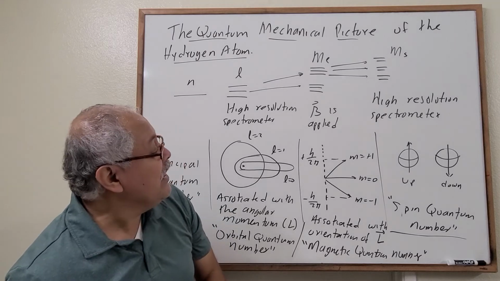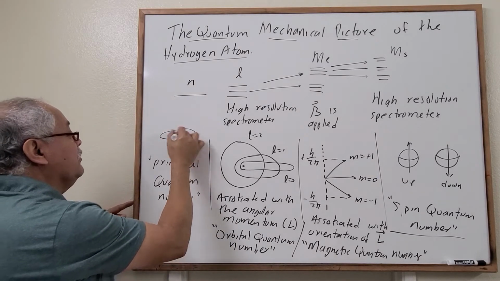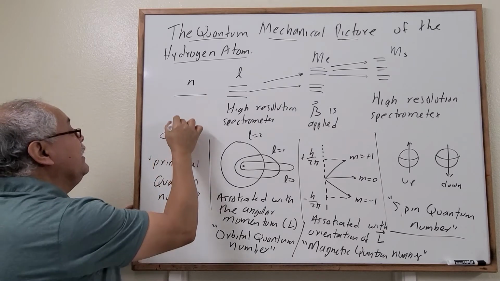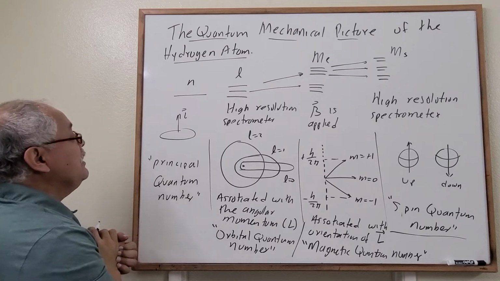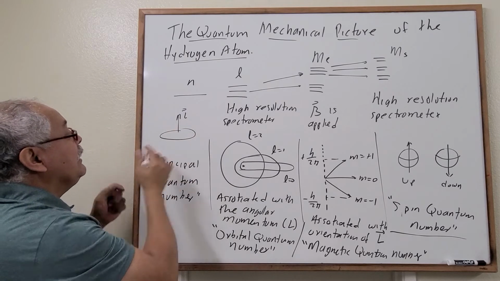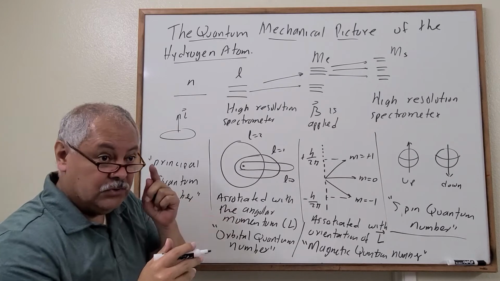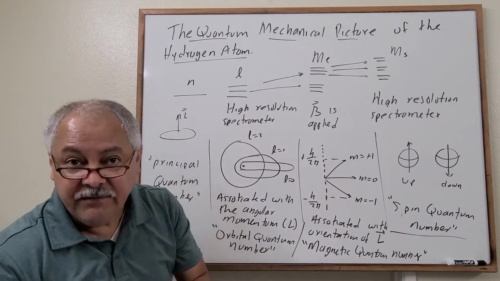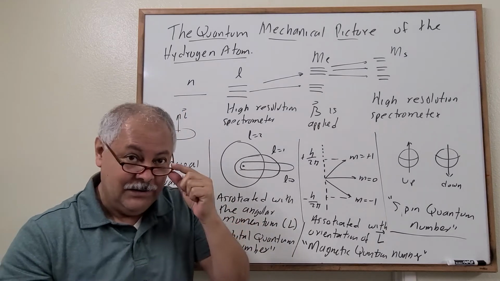Remember, any object moving in a circular path, we associate this motion with angular momentum. Also, we can change the orientation, and if we change the orientation, we also change the momentum, because angular momentum is a vector. It has magnitude and direction.